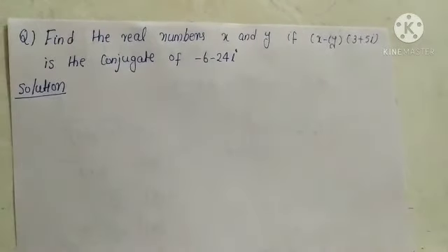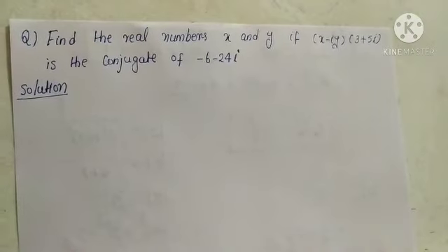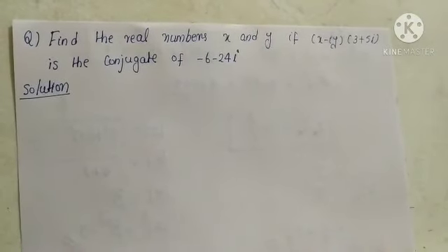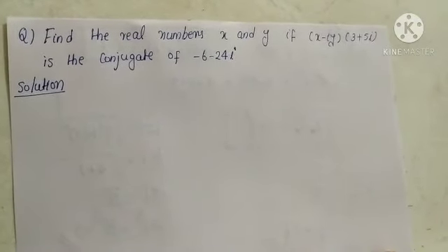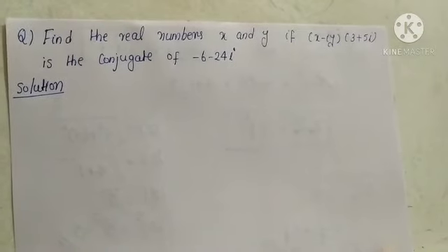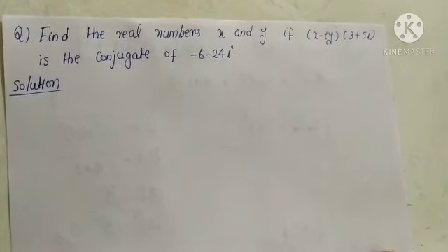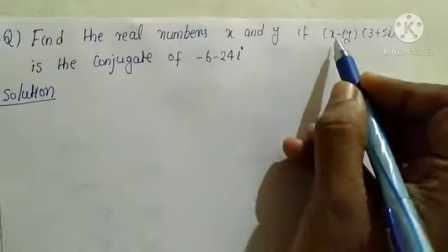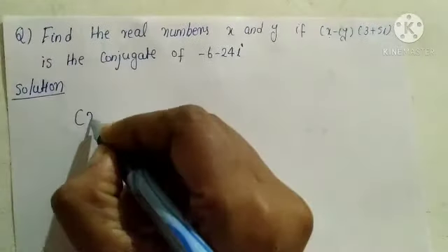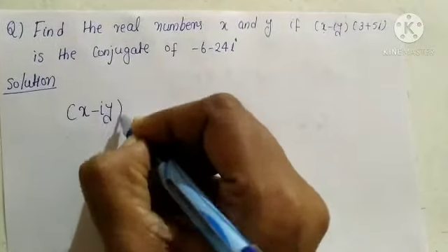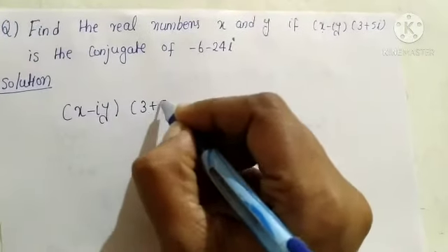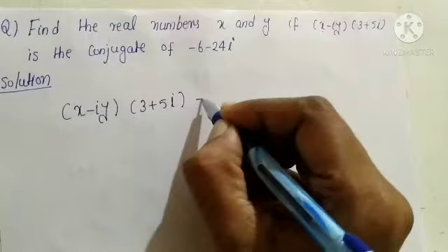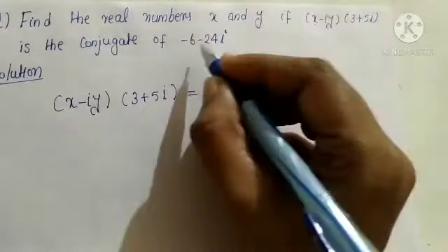This is our next question. Find the real numbers x and y if (x minus iy)(3 plus 5i) is the conjugate of minus 6 minus 24i. So in this question we need to find out x and y. Given that (x minus iy)(3 plus 5i) is equal to the conjugate of this number.